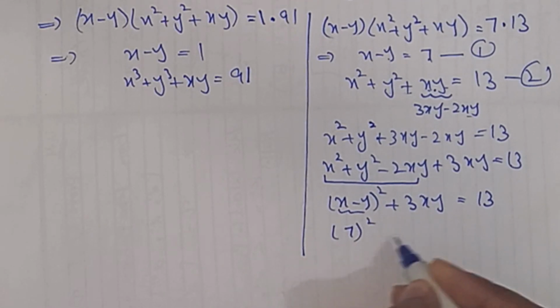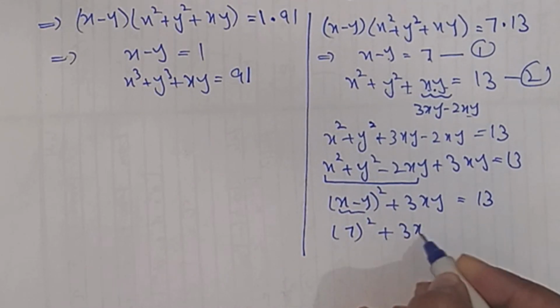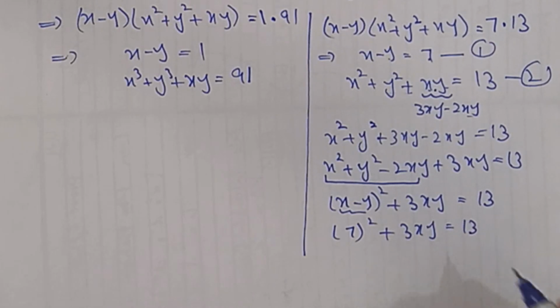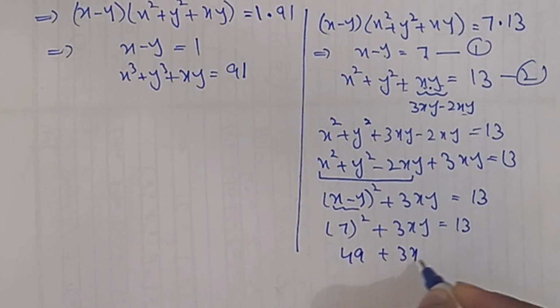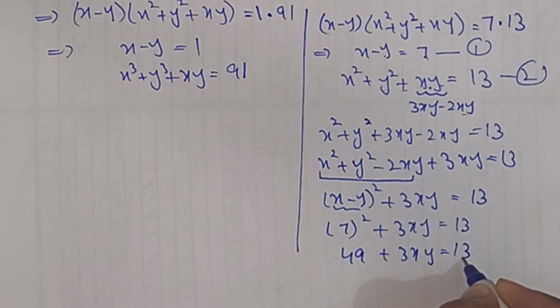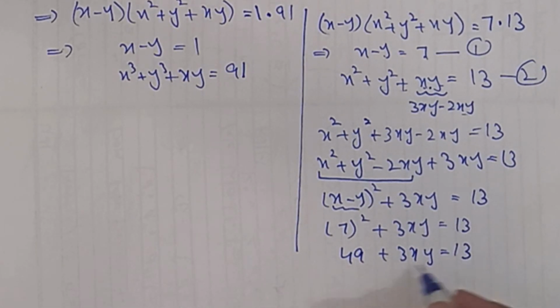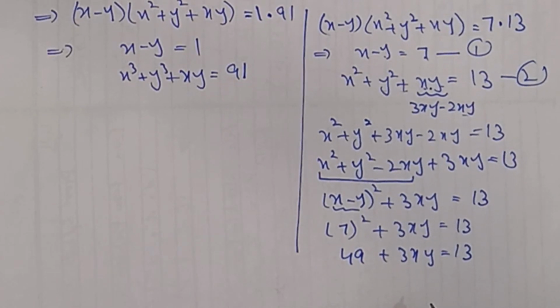7 square plus 3 times the product of xy is equal to 30. 7 square is 49, plus 3 times the product of xy is equal to 30. In the next step we subtract 49 on both sides of this equation.